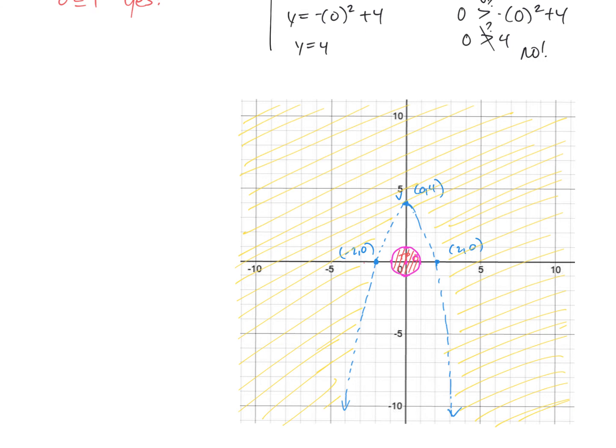All we can say is that they don't intersect anywhere, so our answer is just going to be no solution. This is another reason why you should do the side sketching work, not just the final shading area, because sometimes they don't intersect. This is a great example of when our two don't intersect and we don't have a solution.